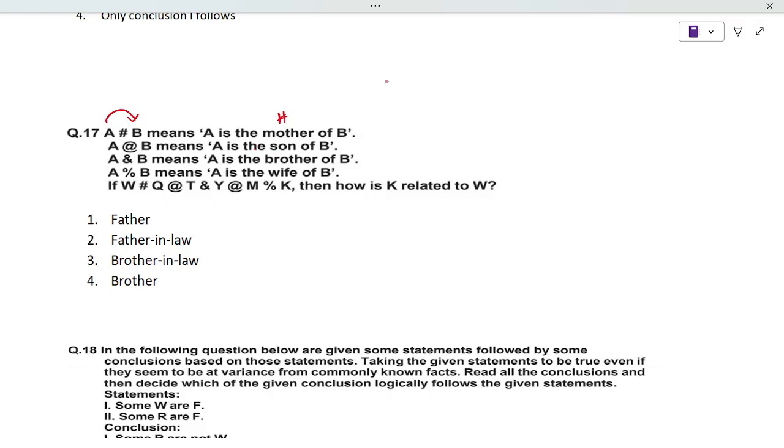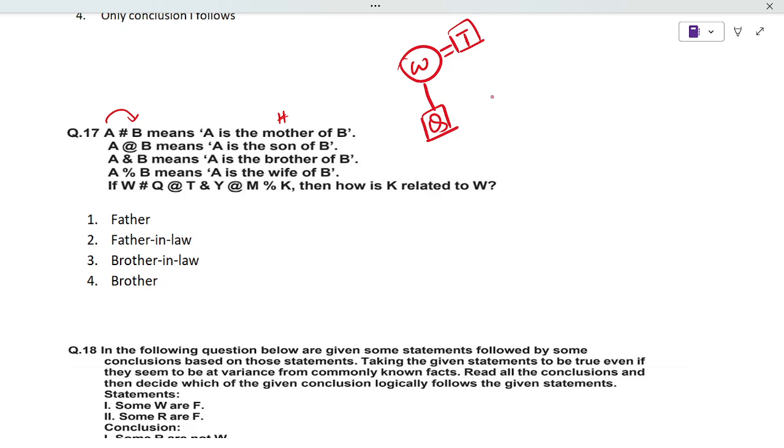So let's check. W hash. So W is mother of, so I'm using circle as female, right? So W is mother of Q, and @ means son. So Q is son of who? D. So husband of W. N means we have brother.